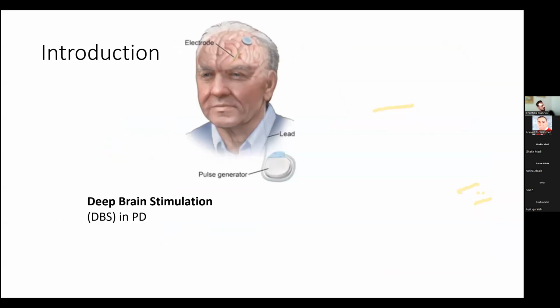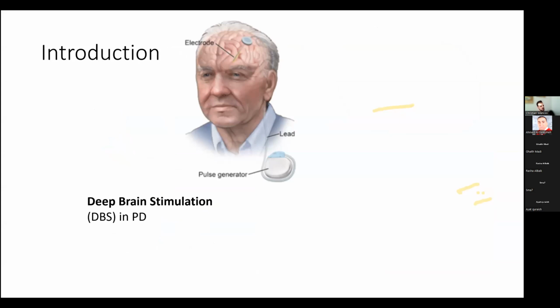To tackle our question of right lateralized network or not right lateralized network for inhibition, we used deep brain stimulation. In fact, deep brain stimulation is an alternative way to alleviate symptoms of Parkinson's disease whenever dopaminergic treatment is no longer effective.